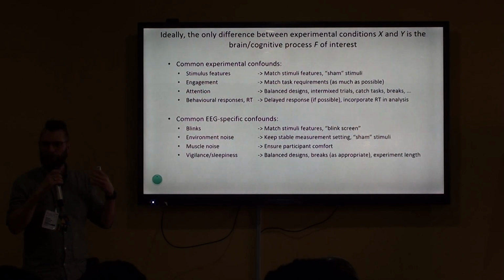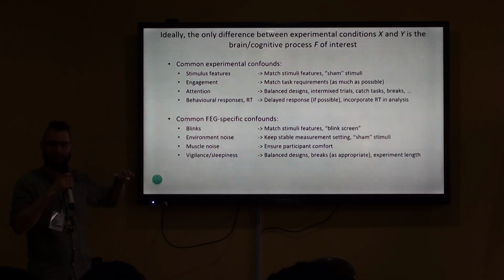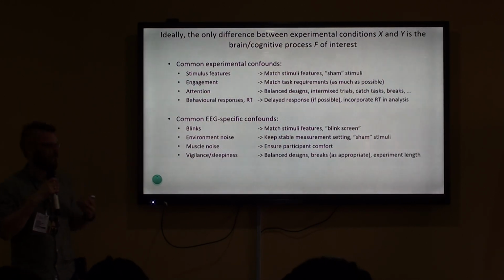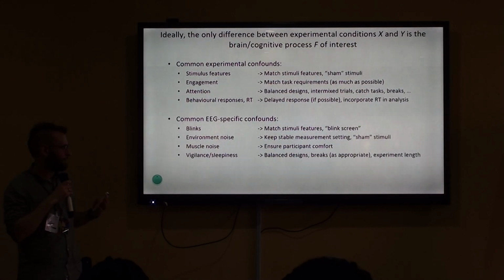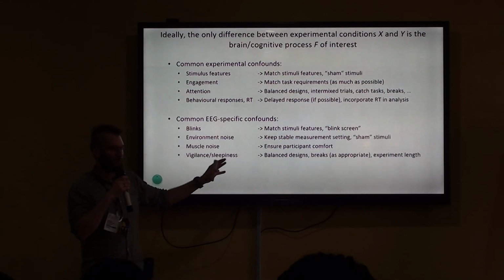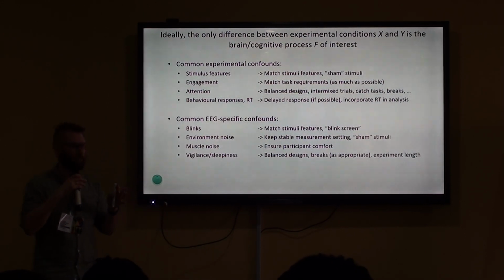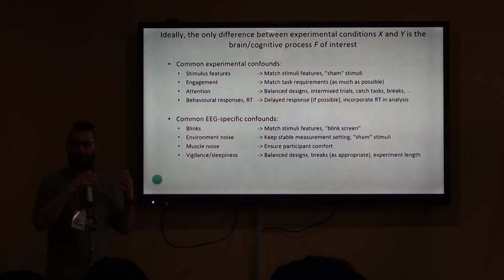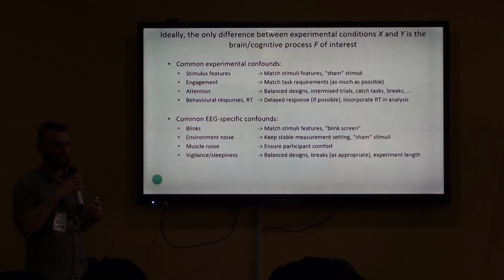When people become very tired, the alpha wave, especially occipital alpha waves, goes up quite a lot. And it's the largest signal I think we have with EEG that comes from the brain, and it could drown out a lot of other things that we're interested in. So that can be accommodated to some extent by having balanced designs and having breaks throughout the experiment, depending on how taxing it is on the participant.